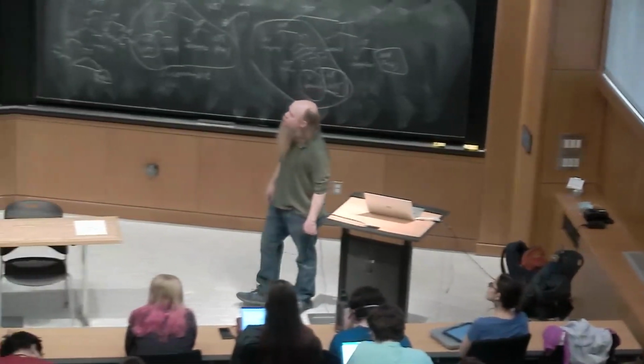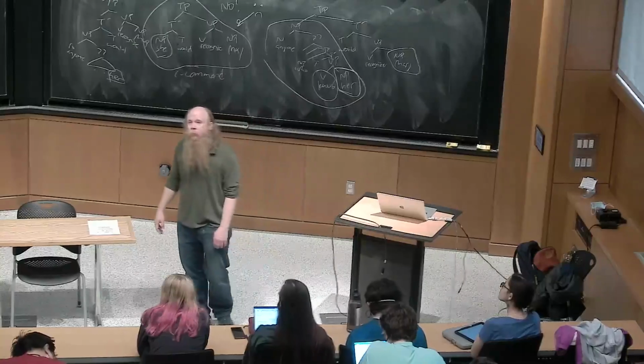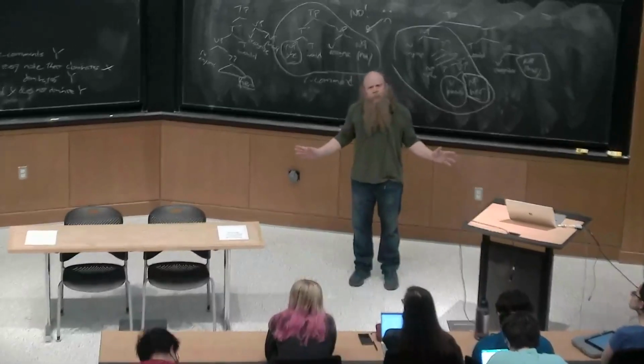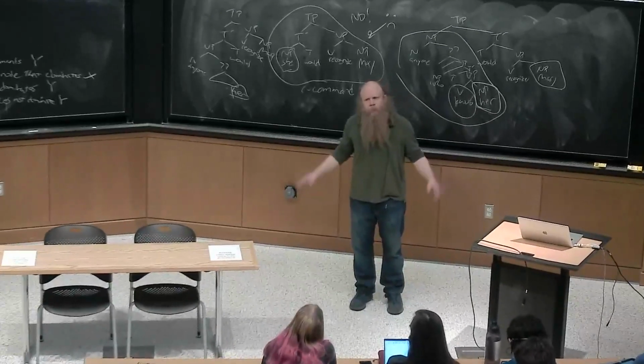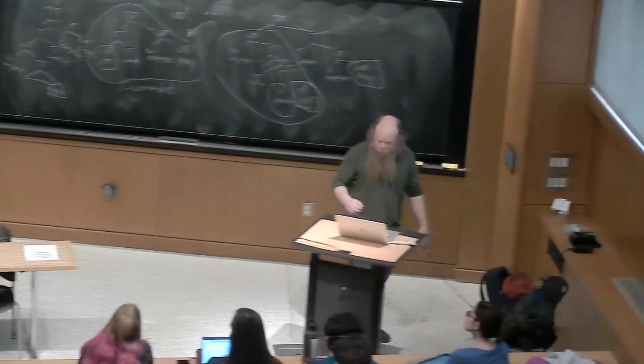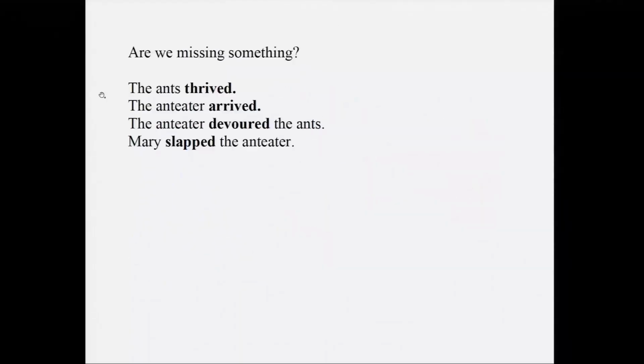Tickle the child is a constituent because there's a verb phrase dominating just those words. Will tickle the is not a constituent because there's no node dominating just those words. Is that clear? Yeah, that's all just terminology. And I'm telling you about it because you're going to hear me use it. In fact, you already have. Okay. All right.